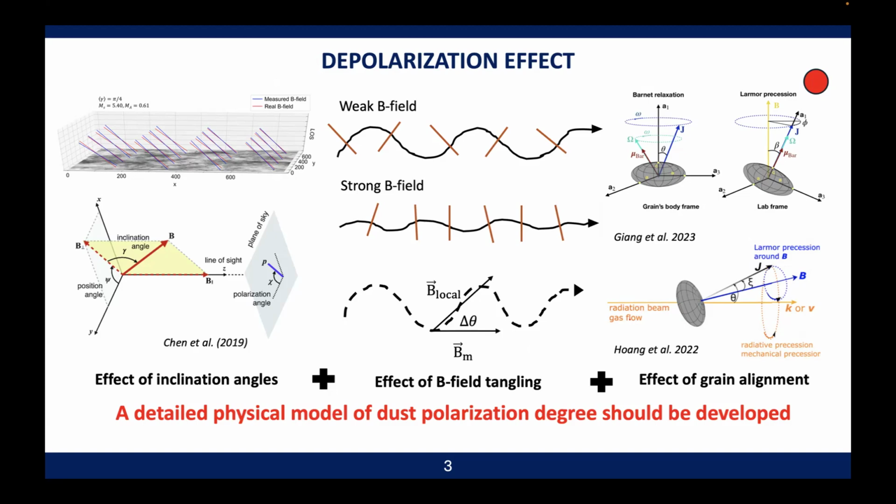This alignment also depends on the environmental conditions, like the radiation and gas properties, as well as the dust properties themselves. So the effect of realignment should be taken into account in order to use the dust polarization degree to trace the 3D magnetic field. A detailed physical model of the dust polarization degree should be developed, taking all of these factors into account, to truly understand how we can use the dust polarization degree to get the inclination angle.